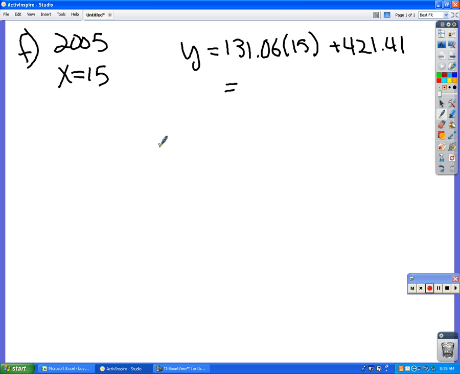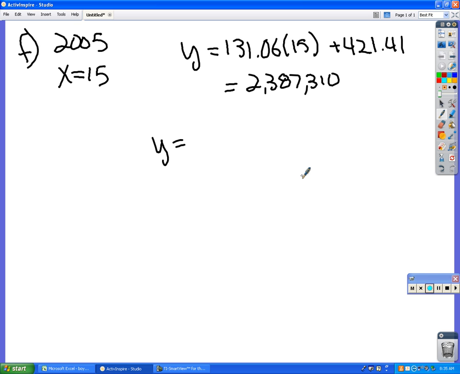And I'm sure someone will tell me what that works out to be. 2,387.31. Since we did it to the nearest 1,000, that means 2,387,310 kids homeschooled.